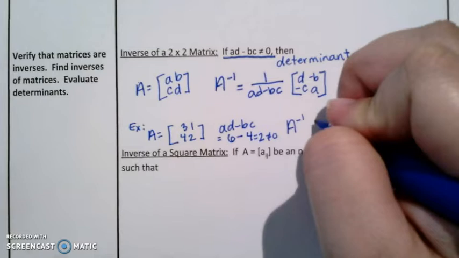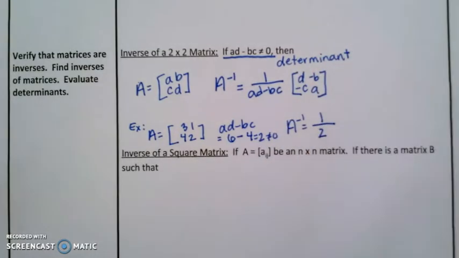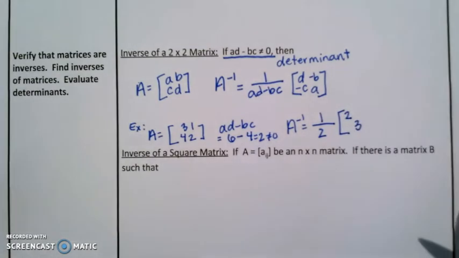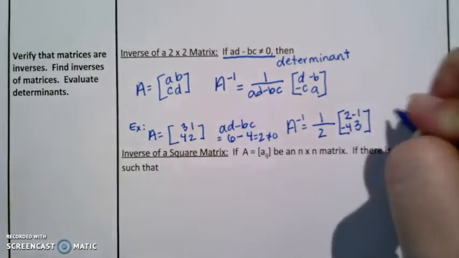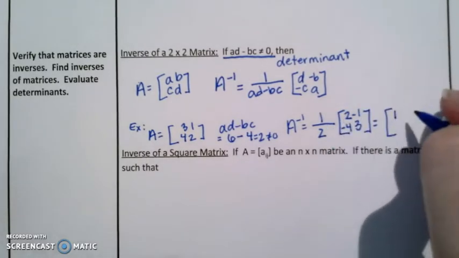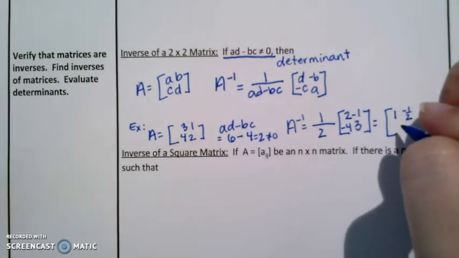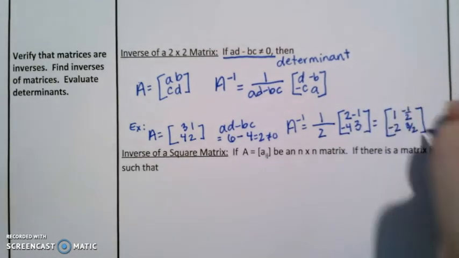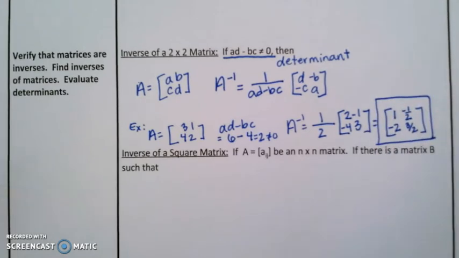So to find the inverse matrix, I take 1 divided by, and I just found that it was 2, times 2 and 3 switch places, -1 and -4. So I end up with half times 2 is 1, half times -1 is -1/2. -4 divided by 2 is -2, and 3 halves. So this would be my resulting inverse matrix.